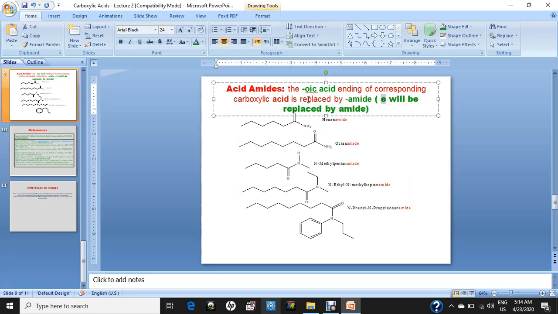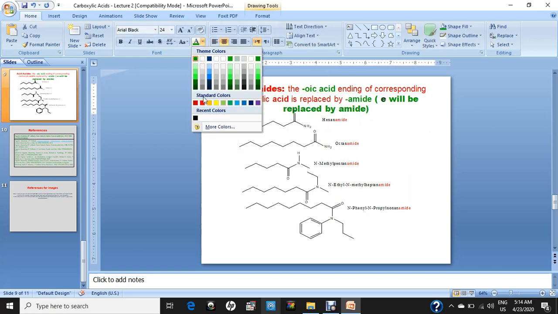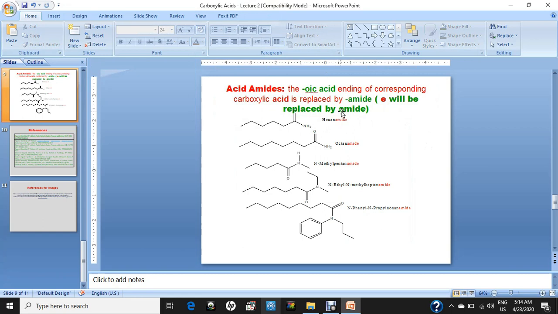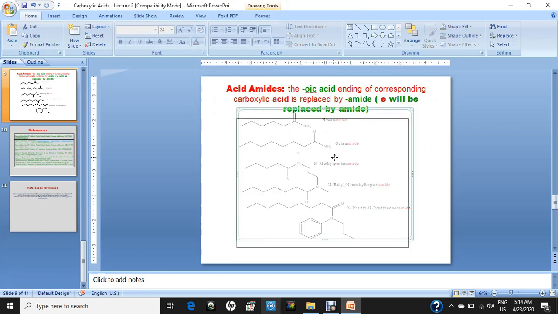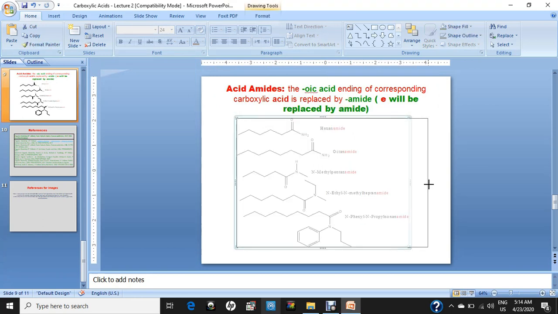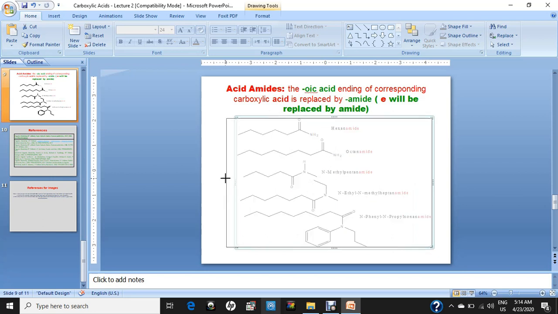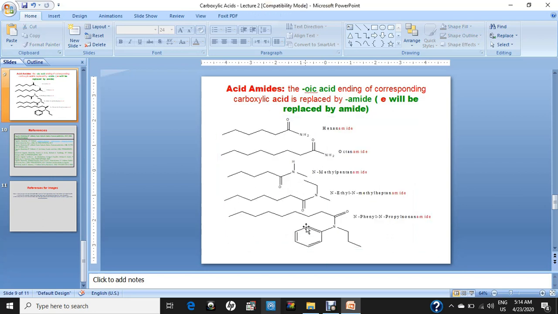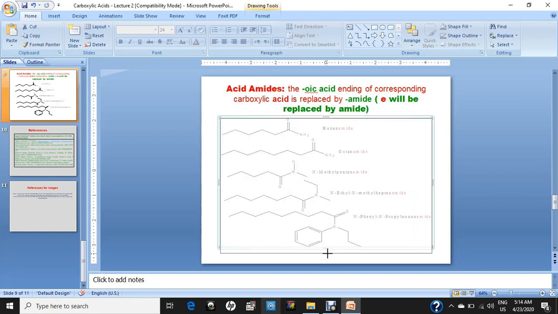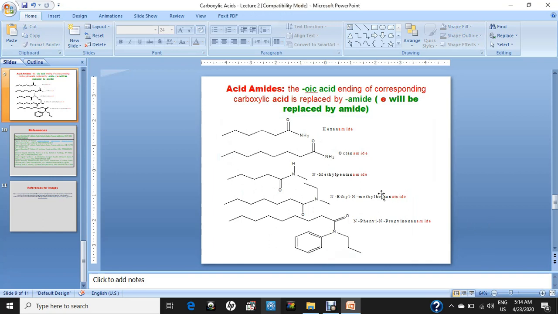E will be replaced by amide. So we have here 6 carbons, 1, 2, 3, 4, 5, 6, so hexanamide. 1, 2, 3, 4, 5, 6, 7, 8, octanamide.